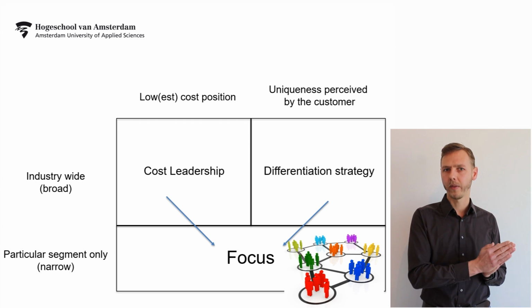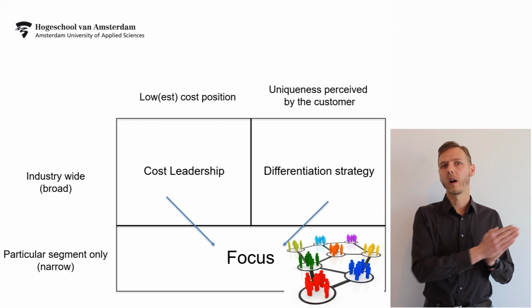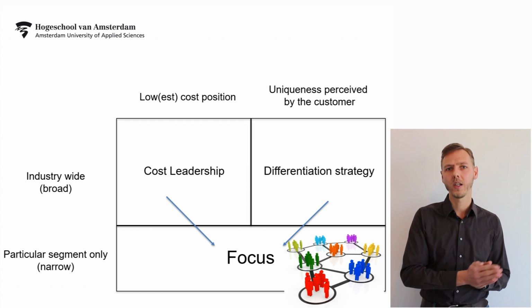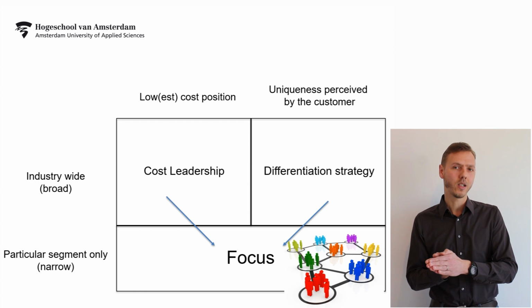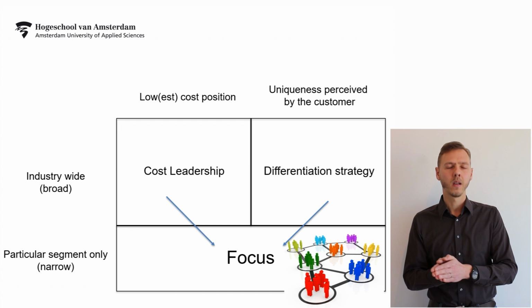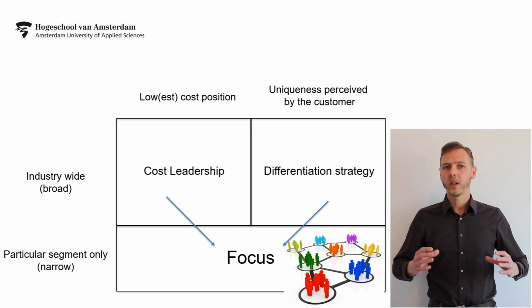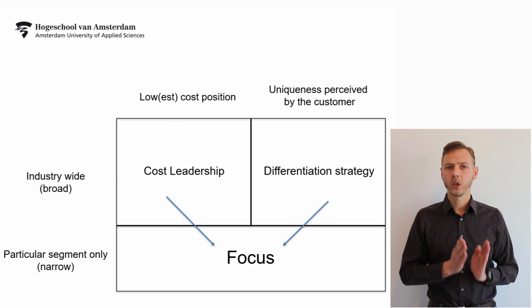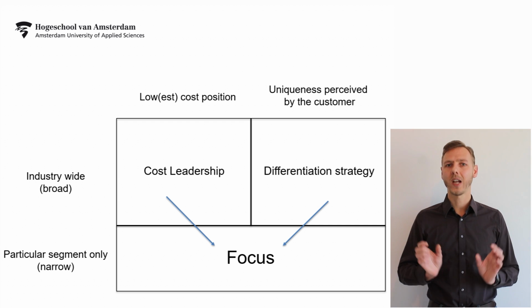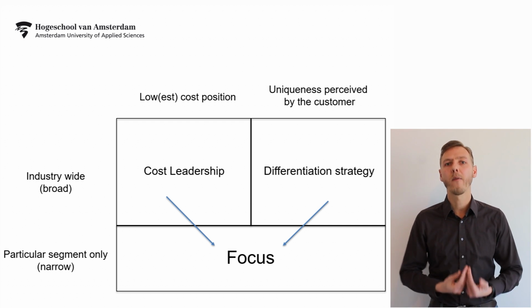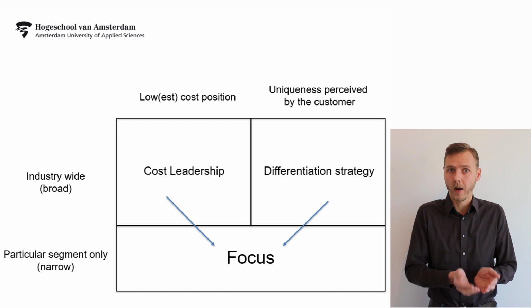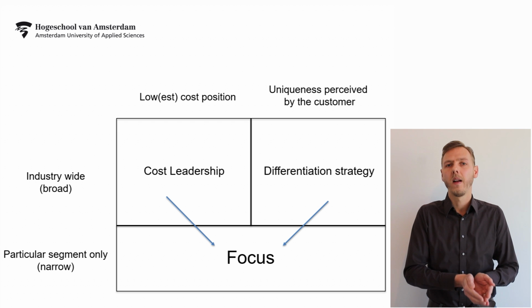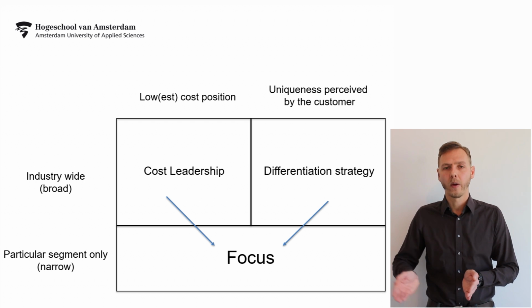Let's target that group with our cost strategy or our differentiation strategy. So the focus is actually narrow. It's a small part of a certain segment that you found, and by focusing on this group, you distinguish yourself from the competitors.